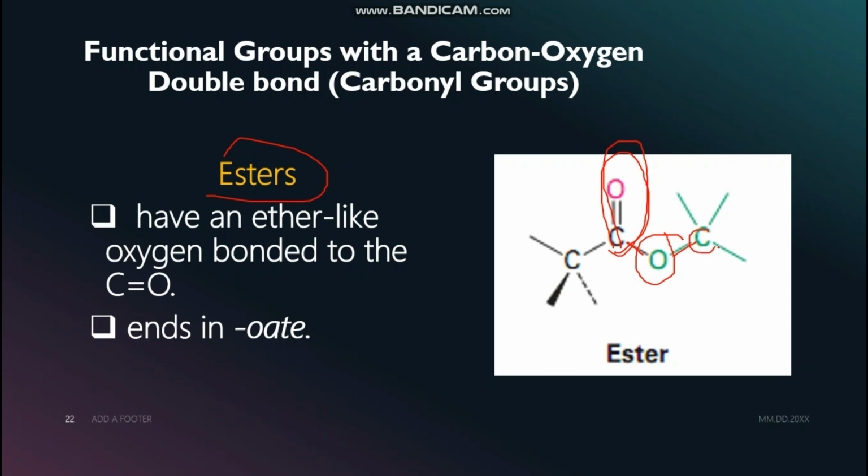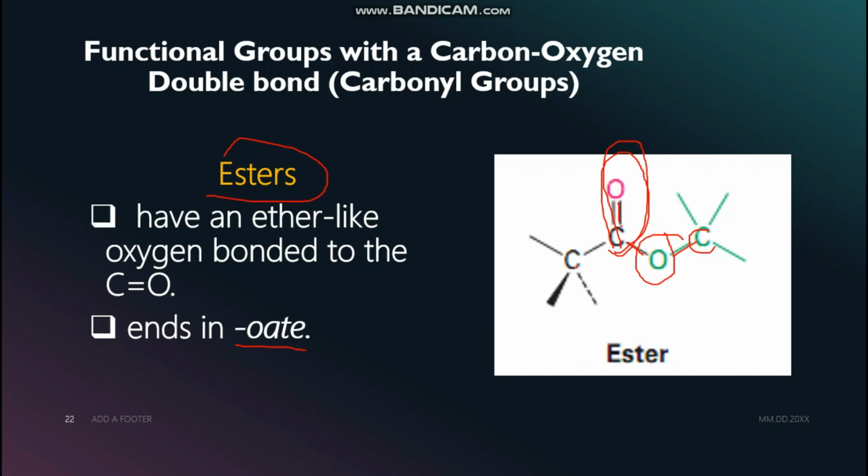Kasi 'di ba yung sa ether, two carbons are bonded to the same oxygen, 'di ba? But on this one, imbis na H yung nandito, dito sa esters ay oxygen ang nakakabit. Okay, ang nakabond.